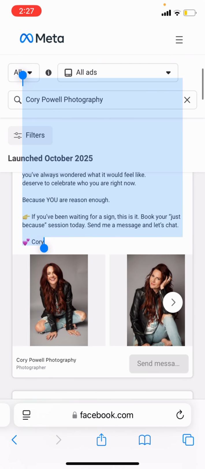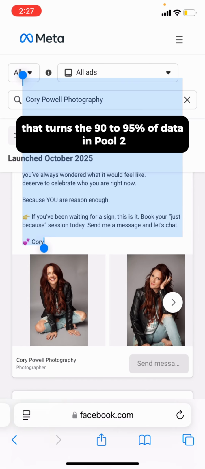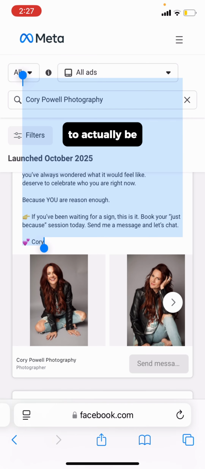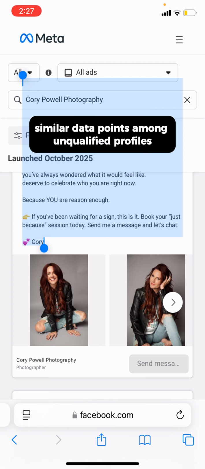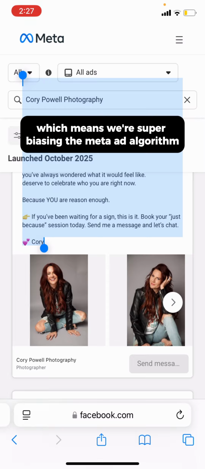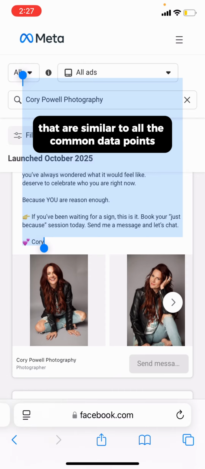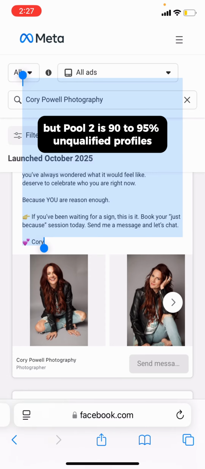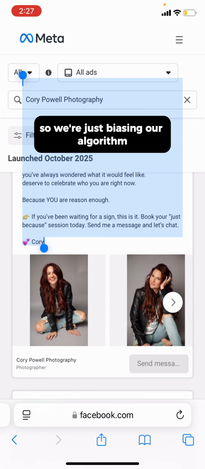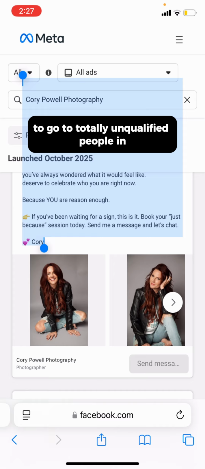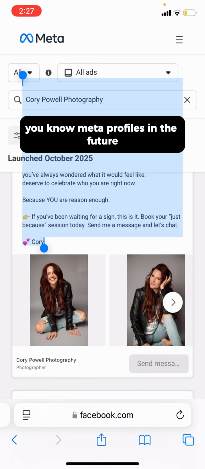And so that turns 90 to 95% of the data in pool two into similar data points among unqualified profiles, which means we're super biasing the Meta ad algorithm to go to more Meta profiles in the future that are similar to all the common data points we found in pool two. But pool two is 90 to 95% unqualified profiles. So we're just biasing our ad algorithm to go to totally unqualified people in the future.